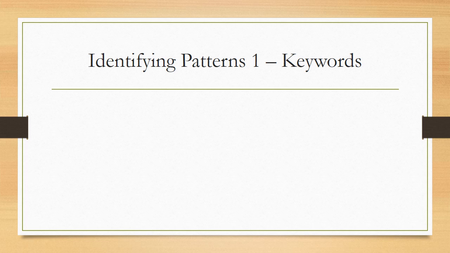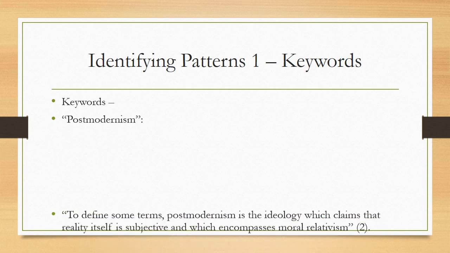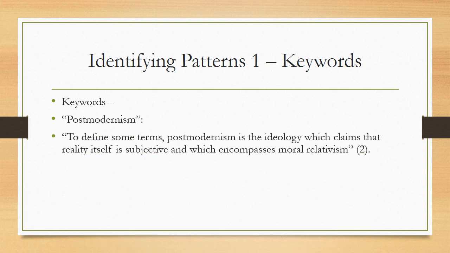There are a couple of examples from this student essay. Postmodernism, obviously. The student does a great job to define some terms. "Postmodernism is the ideology which claims that reality itself is subjective and which encompasses moral relativism." Moral relativism is probably a term the student should define too, but I love the phrase in the sentence, "to define some terms."